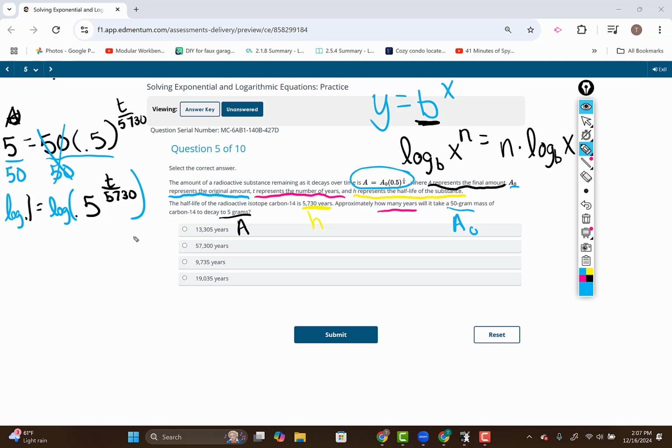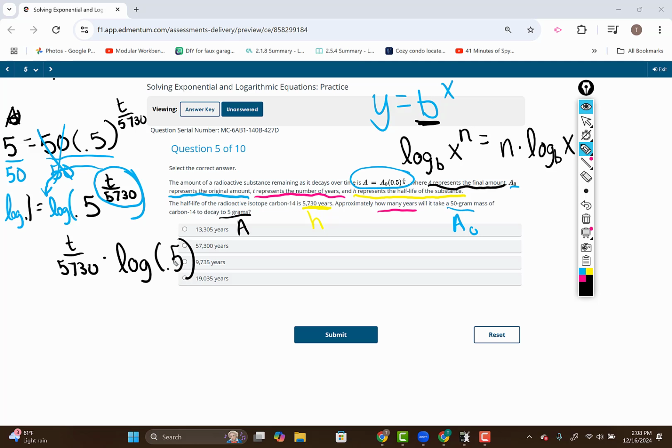So let's handle the right side first. Let's take this exponent and move it to the front, into the coefficient slot there. So this becomes T over 5,730 times log 0.5.